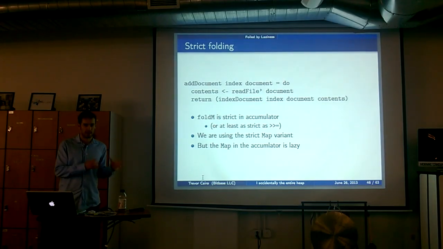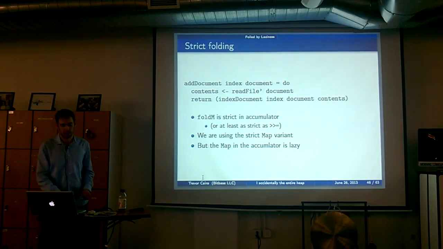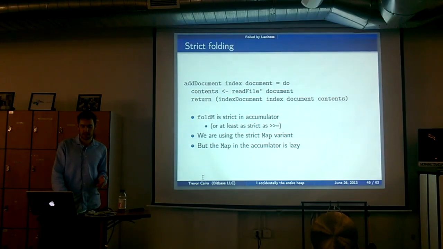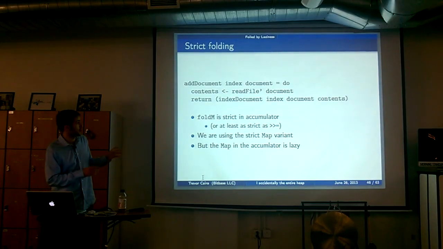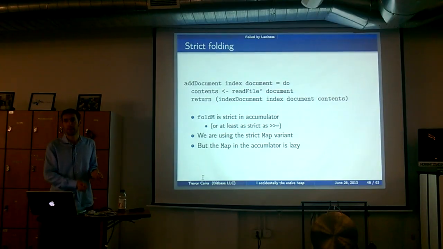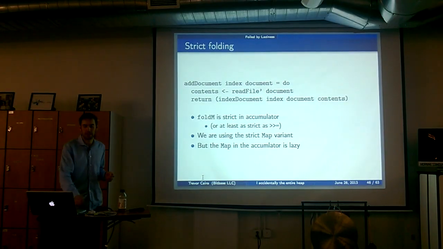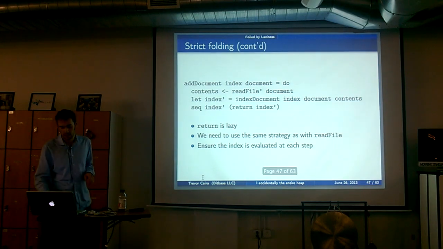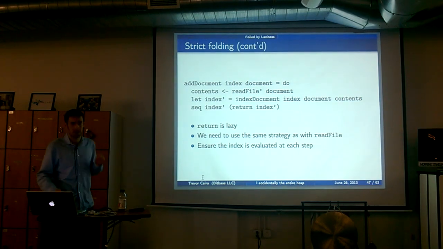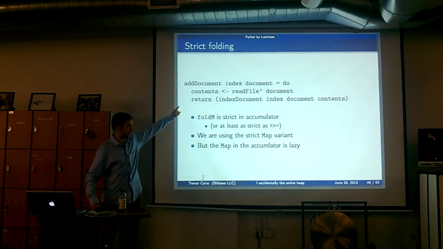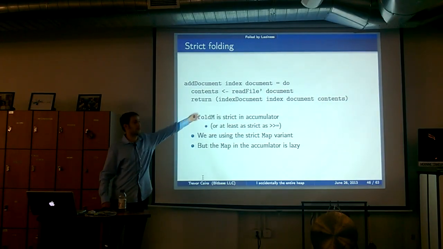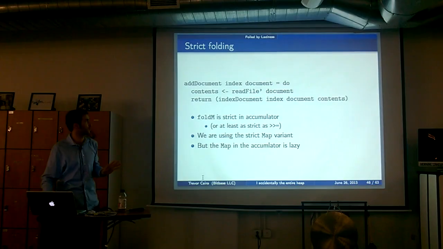You've got to evaluate something to print it. And we are also using as our accumulator, as the index, a strict map. So when you evaluate the map, the strict map evaluates all of its values. So that shouldn't be the issue, right? However, return is lazy. That's the problem. This return is forced, but return doesn't force its argument, and that's almost never useful.